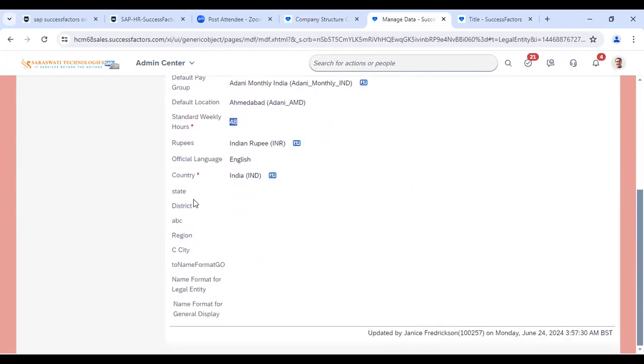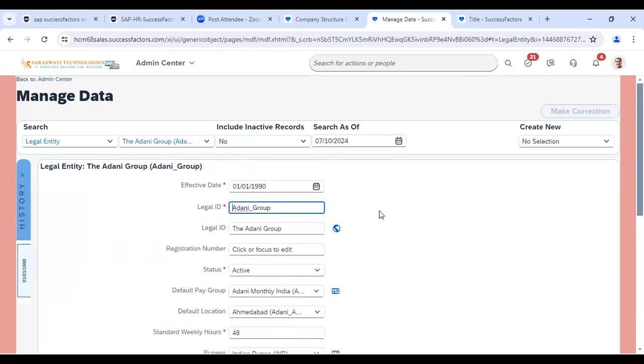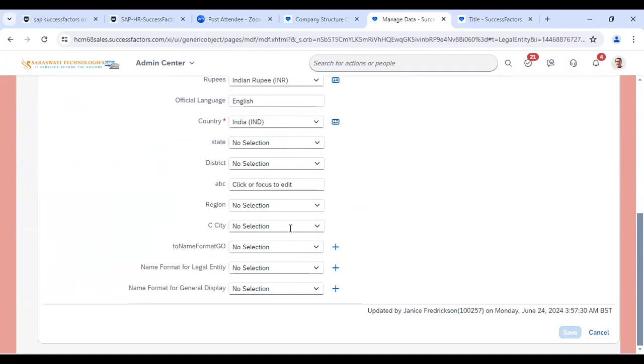Okay, they have not filled in the state, district and these things here, that is not related, or maybe they do not have the data. But if you can, you can make the correction here. You can make the state here, for which state this legal entity belongs to.